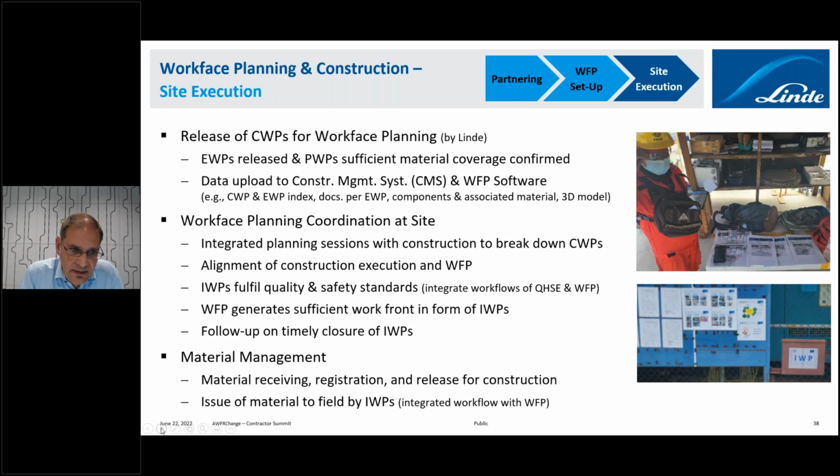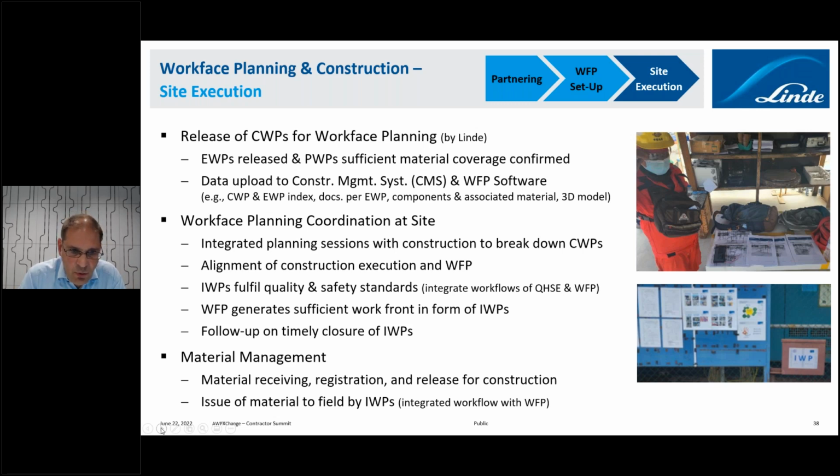Then the next part is a collaborative effort from the contractor and our side, facilitated by our workplace planning coordinator. What is really important is the integrated planning sessions with construction to break down the CWPs. Then also aligning the construction execution and workplace planning so that there are not two understandings of what the plan is.